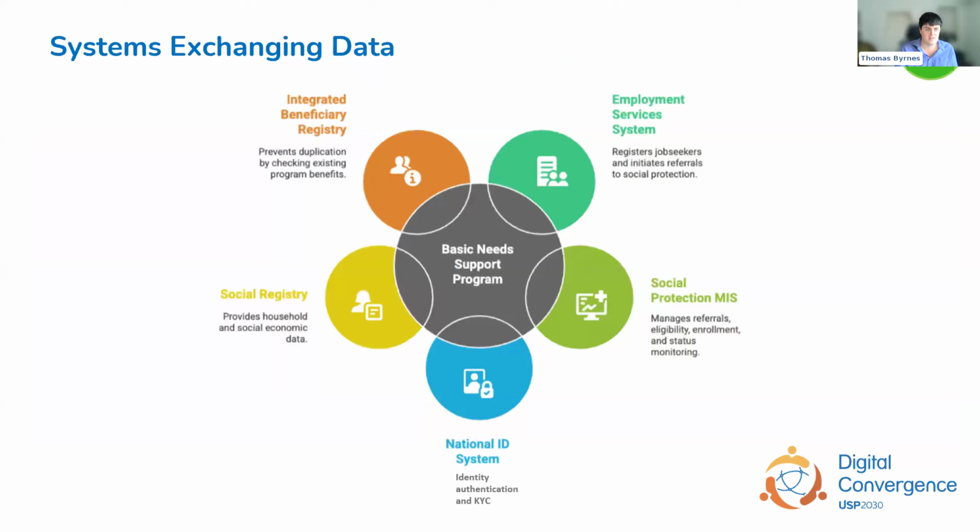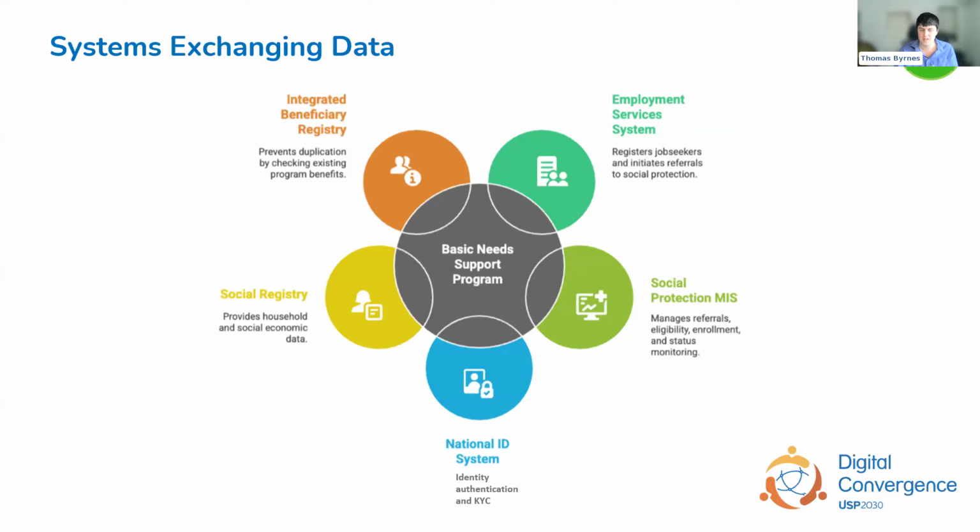And again, it's very similar systems that are in place here as in the previous slide. Again, this is for enabling the basic needs support program. And so we need the national ID system for ID authentication, a social registry for household composition and socioeconomic data, an IBR, which prevents duplication by checking when someone is already receiving a benefit, and obviously the employment services system, and the social protection MIS that's managing the social assistance side, the entire ecosystem.